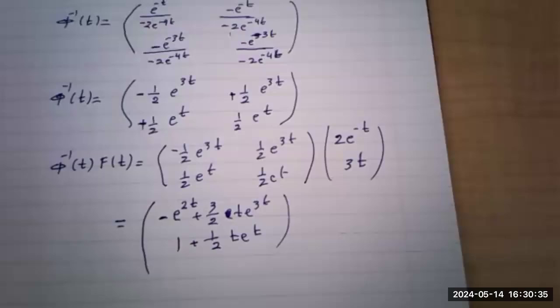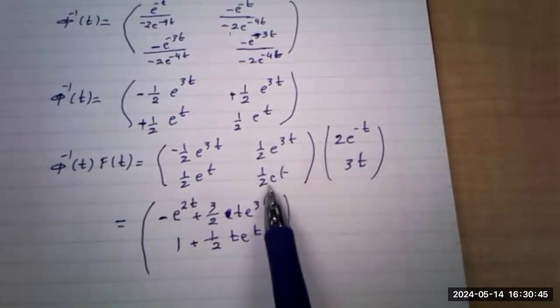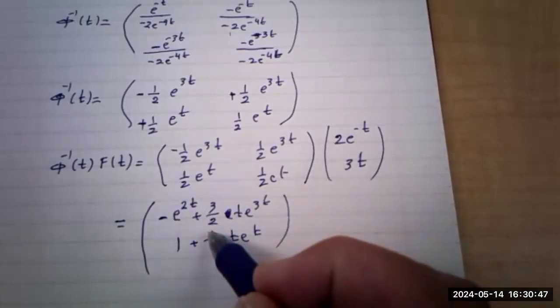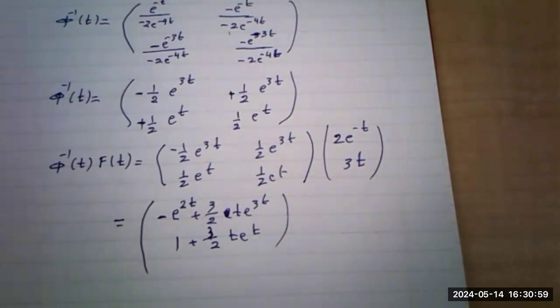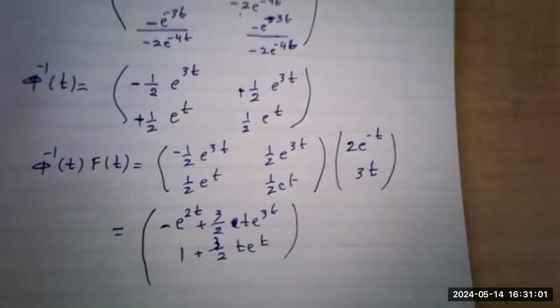So that gives you phi inverse of f of t. Yes? Wouldn't it be 1 plus 3/2 t? Yes, you got it. 1 plus 3/2 t. Okay, everything all right? So this is it. What next? You have to integrate it, then you multiply by phi of t, that gives you the x of t.